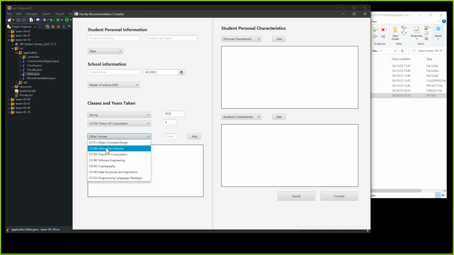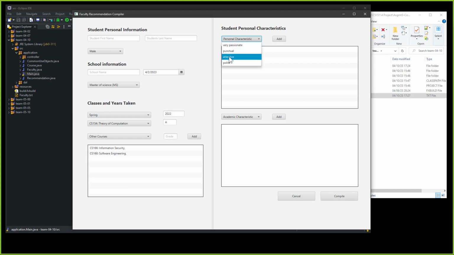You need to pick one by one and then say add, and then it will add to this list. This is not bad, but it's not a modern way, of course. So multiple selection is good.